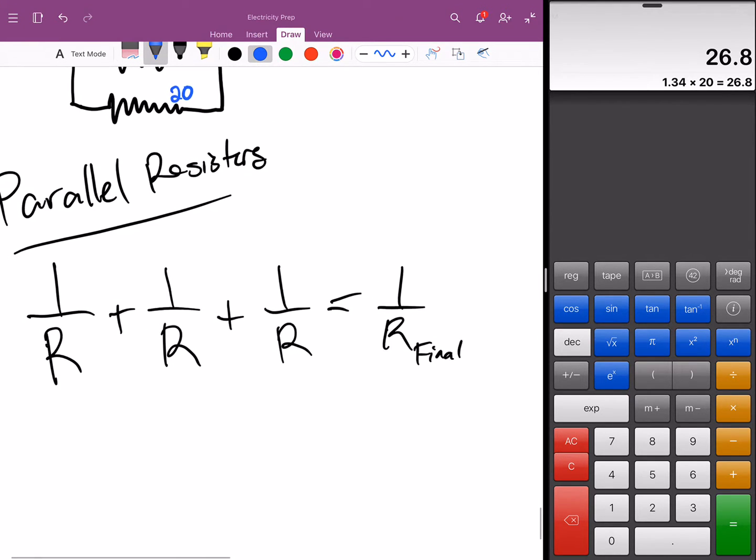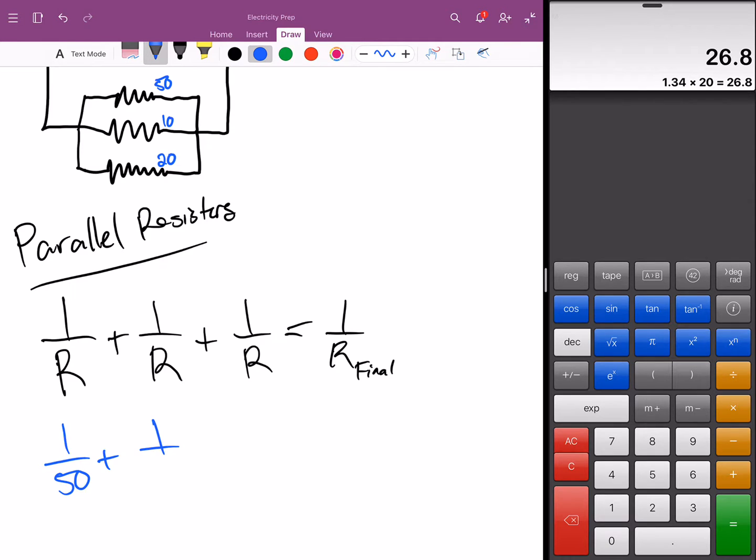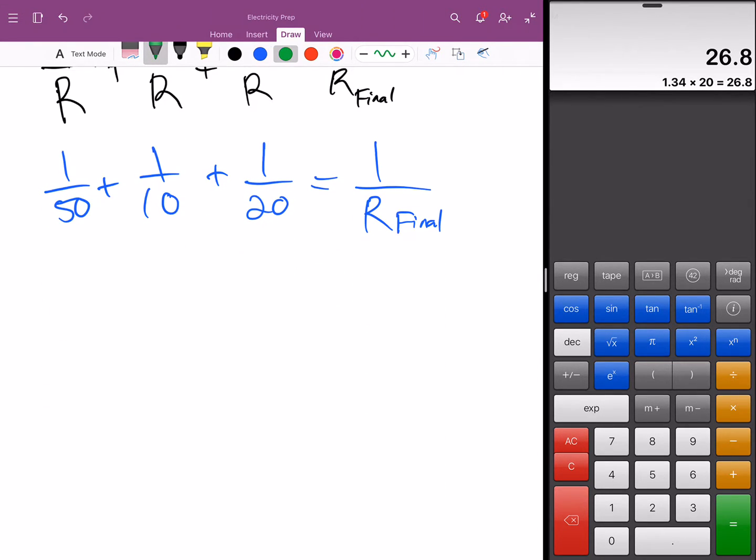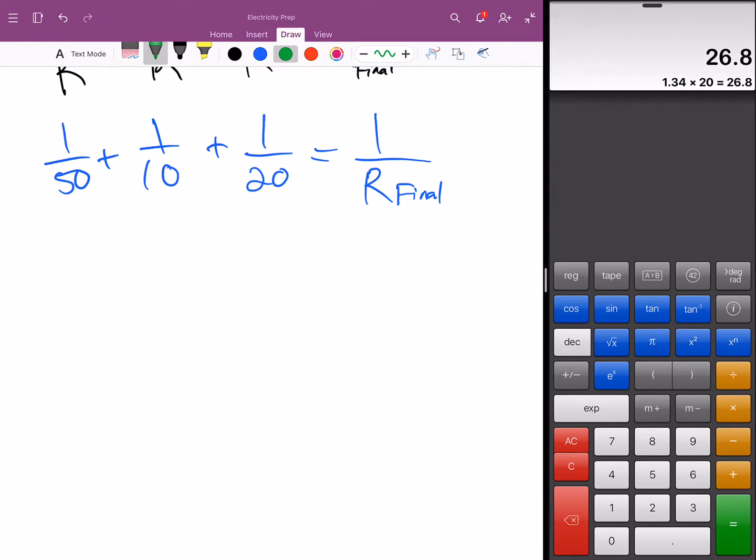So in this scenario, we have 1 over 50, 1 over 10, and 1 over 20 equals 1 over final resistance. Now you have to identify the lowest common denominator for these.